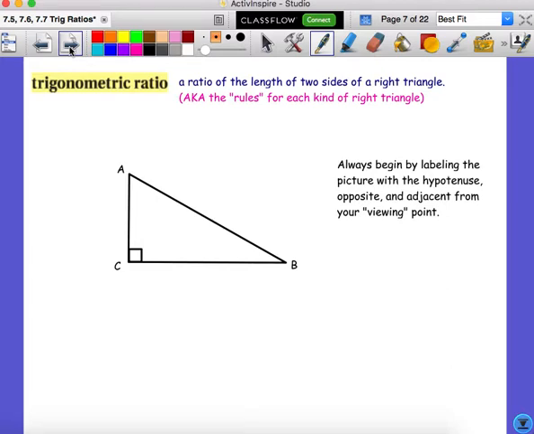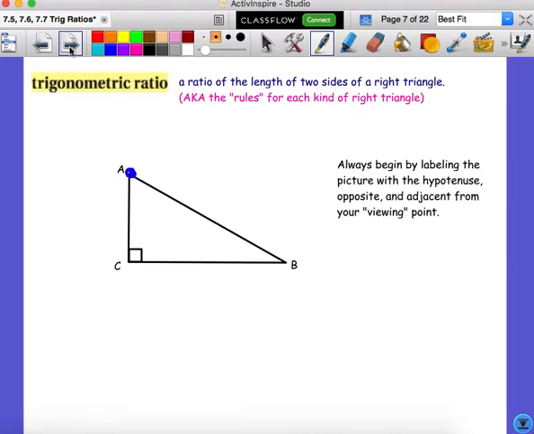And remember guys, you can pause this video at any point to write down anything that you view as valid. So every time we set up for a trig problem, we're always going to begin by labeling where's our hypotenuse, where's our opposite, and where is our adjacent side from a particular viewing point. So for example, if I declare A as my viewing point, I'm always going to mark that.